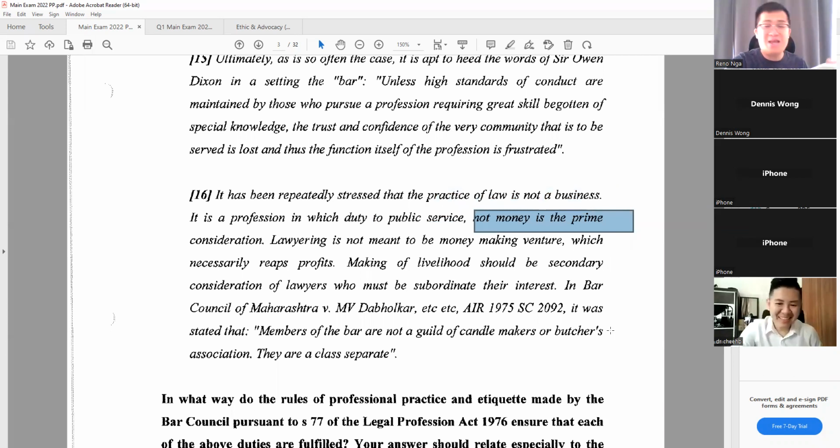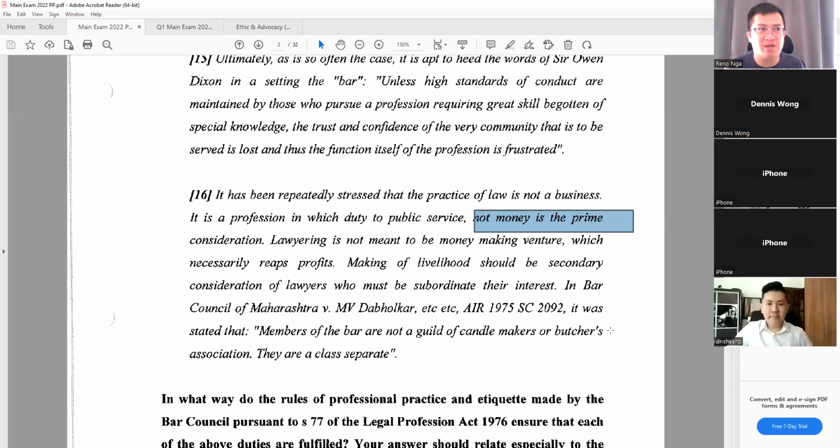So in what situation we should or shouldn't take the case, in my opinion will be Rule 3, Rule 4, Rule 5. Why? Because if you refer to Rule 3, it says advocate and solicitor not to accept brief if embarrassed. Which means you shouldn't think about money first.